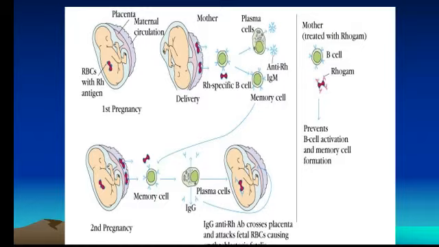The first pregnancy can be delivered easily. But in the mother who is Rh negative, specific B cells combine with the antigen, producing anti-Rh IgM and plasma cells, as shown in the picture.